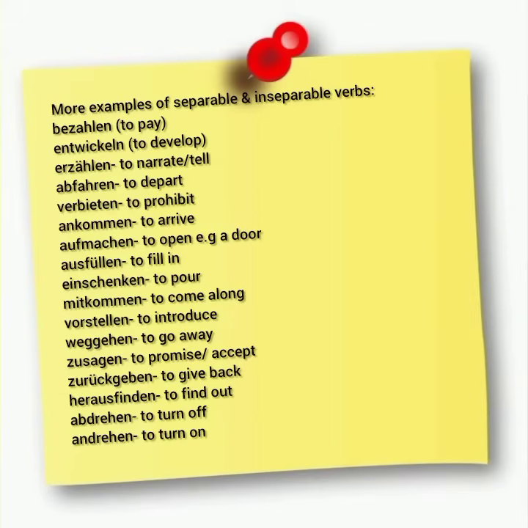Mitkommen. Mitkommen, to come along. Then I have vorstellen. And you are realizing that from the way I'm pronouncing them, I am emphasizing the prefixes, yeah? Vorstellen. Then there's weggehen. Weggehen, to go away. Zusagen, to promise or accept. Then I have zurückgeben.